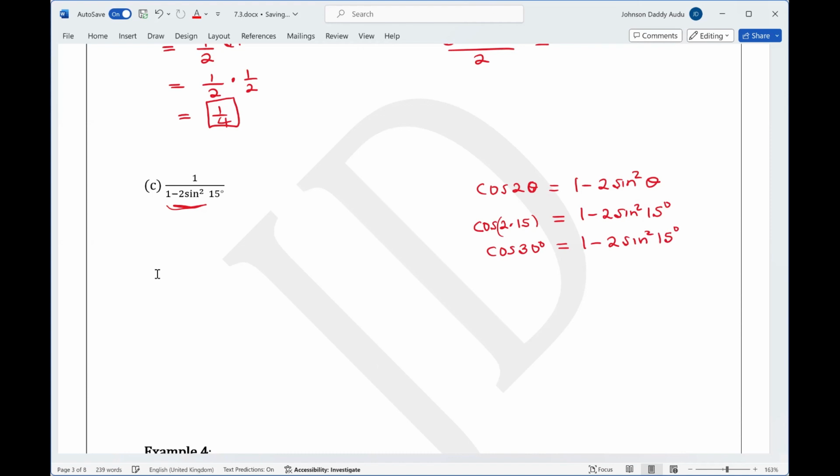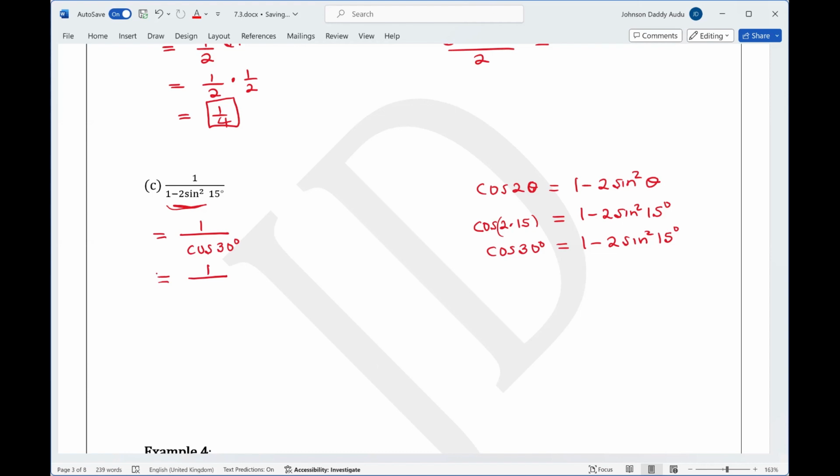Right. So what can we say from here? It means that this is simply equal to 1 over the denominator. Now we can just write it as cosine of what? 30 degrees, which is equal to 1 over, what is cosine of 30 degrees?